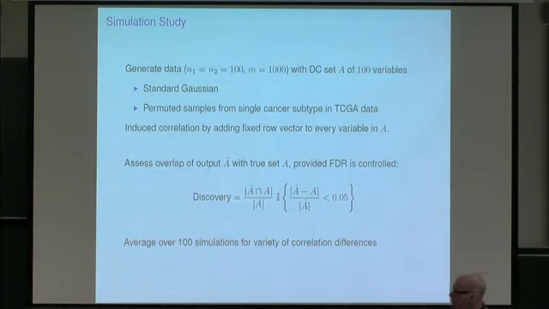All right. So let me be brief here. We essentially generate data. This is just simulating. We simulate data in two ways. The important thing here is in the first case, we make the data really nice. So the background is just i.i.d. standard Gaussian, as nice as it could be. In the other case, we look at a single cancer subtype from the Cancer Genome Atlas.